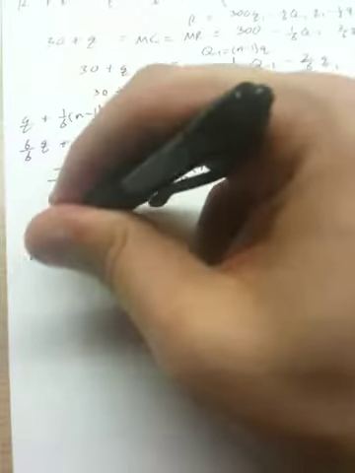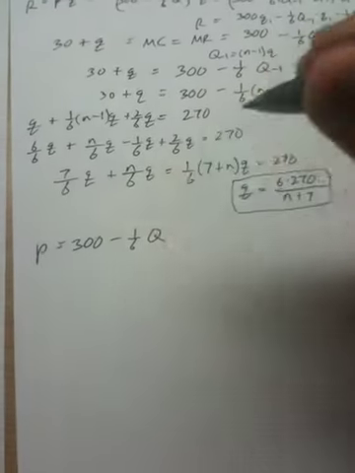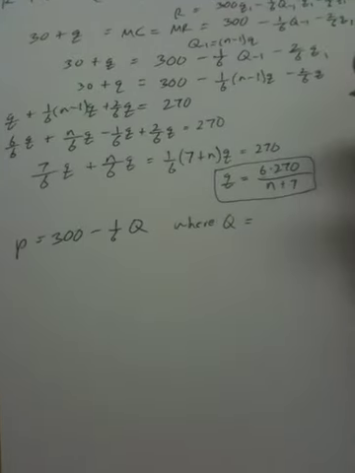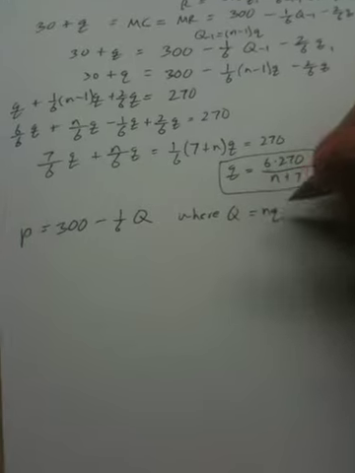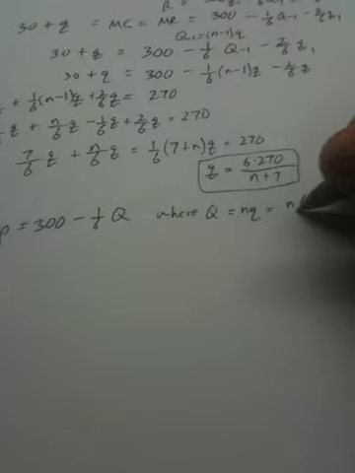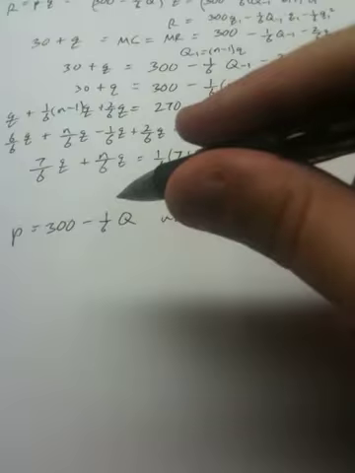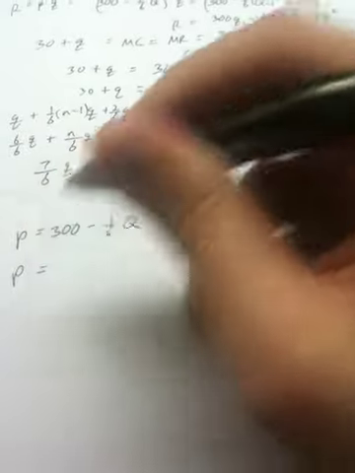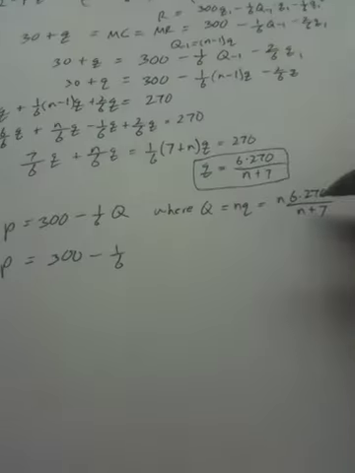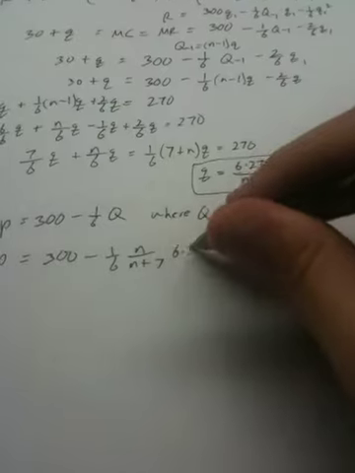So we had a price equals 300 minus 1/6 the total quantity, where the total quantity was n times little q, so that'll be n times 6 times 270 over n plus 7. And plugging that into the price function, you get price equals 300 minus 1/6 this thing, n over n plus 7, 6 times 270.